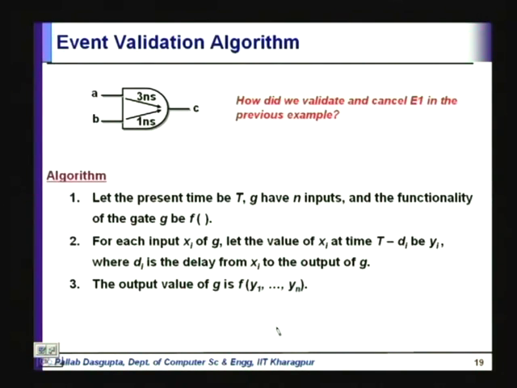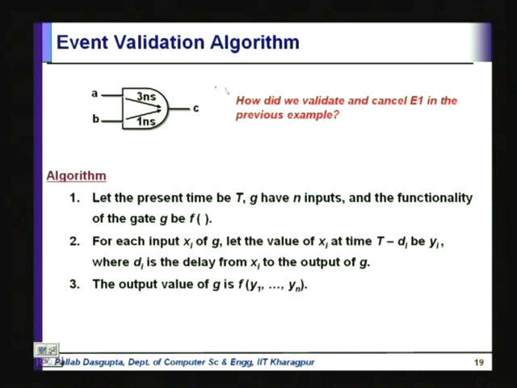So, this is the algorithm. Let the present time be t, G has n inputs and the functionality of the gate G be f. Okay. For each input xi of G, let the value of xi at time t minus di be yi, where di is the delay from xi to the output of G. Right.